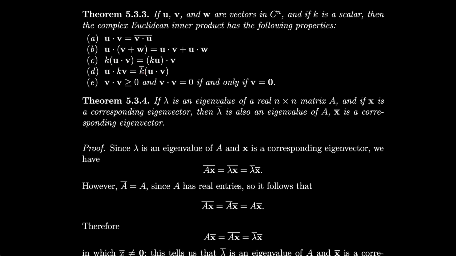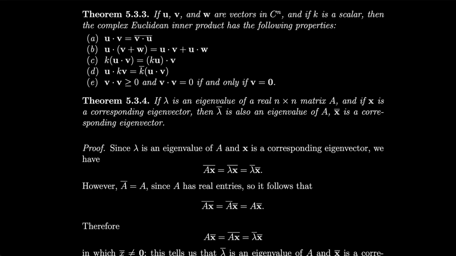You have to be careful when you're distributing to v, because it distributes to u without the conjugate, but if you're distributing it to v, then you have to conjugate the k. v dot v is greater than or equal to 0, and v dot v is equal to 0 if and only if v is 0, same as before.